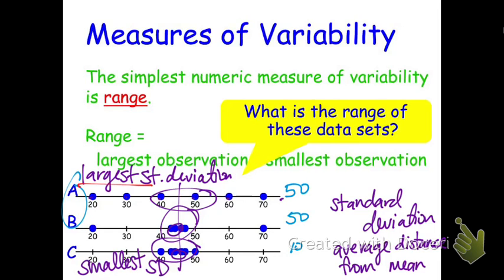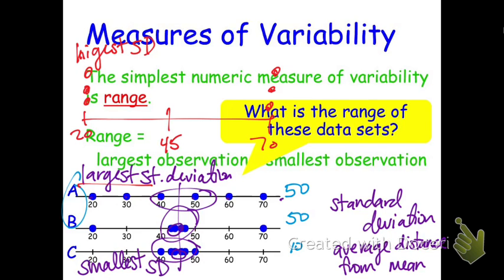If I had another one that was a number line from 20 to 70, and I had 3 dots on 20 and 3 dots on 70, my mean and my median would still both be 45, but this would have the largest standard deviation out of all of them, because you have really high frequency on the tails. So the further away from the center your points are, the bigger your standard deviation is.